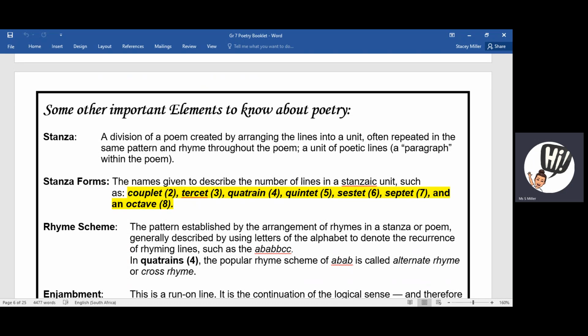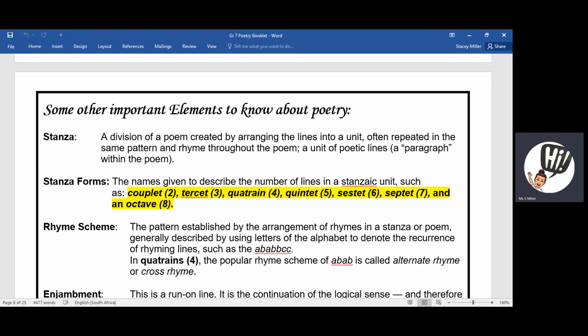All right, so the division of a poem created by arranging the lines into a unit, often repeated in the same pattern, the rhyme throughout the poem. A unit of poetic lines or a paragraph is a stanza.